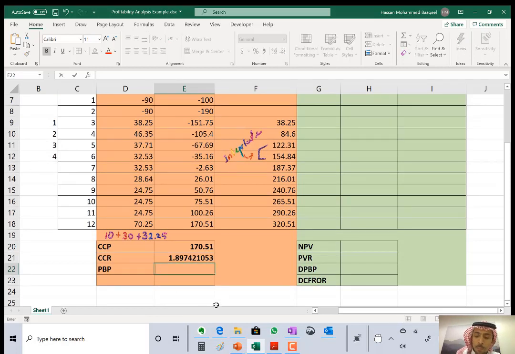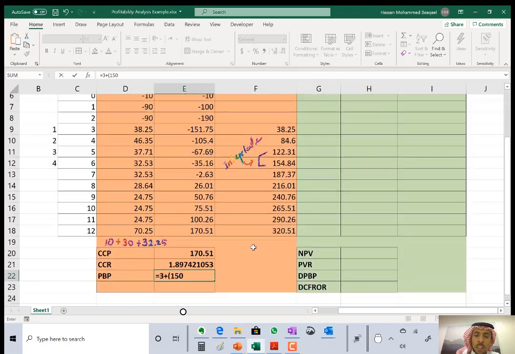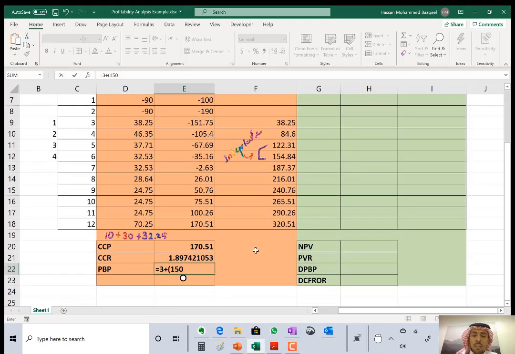Okay, so we have to interpolate. To do interpolation, we know it's equal to year 3 after startup. Then we have to interpolate. We're looking at the value 150, that's the number we're trying to find the precise year at, minus 122.3, divided by the whole range, which is 154 minus 122.